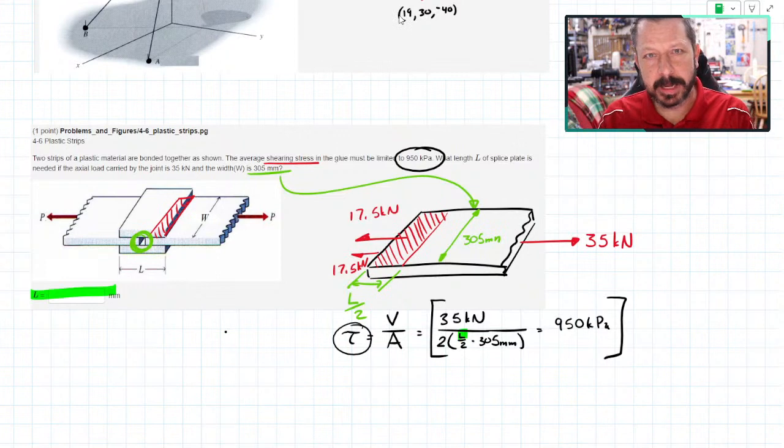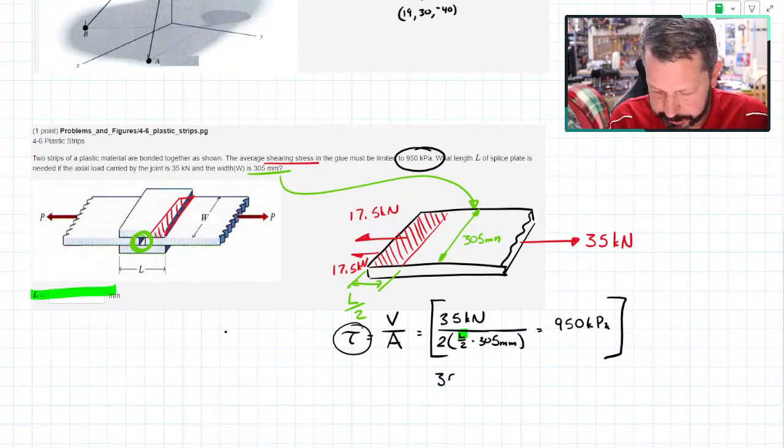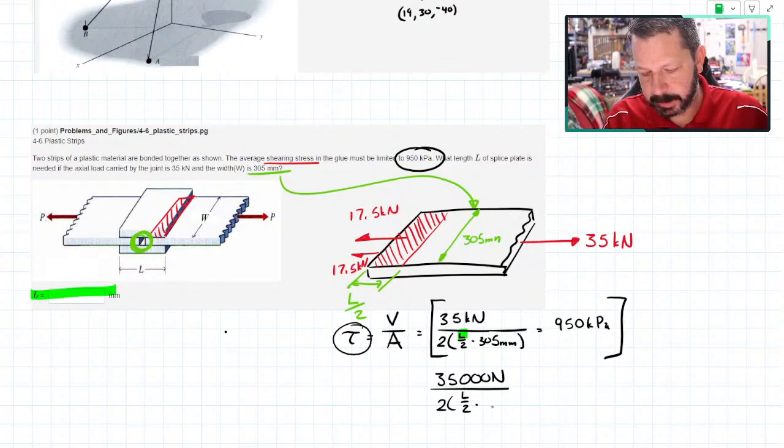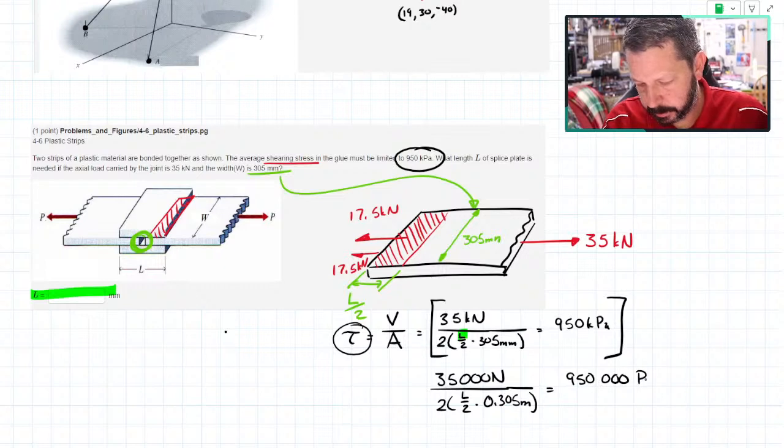First I'm going to convert everything over to base units because I'm not working in MathCAD here. I guess I could throw it in MathCAD, but I'm going to work it out by hand. So 35,000 newtons over 2 times L over 2 times 305 millimeters, which is 0.305 meters, equals 950,000 pascals.